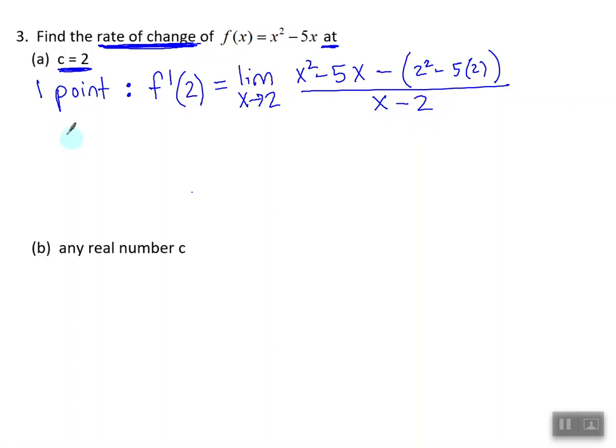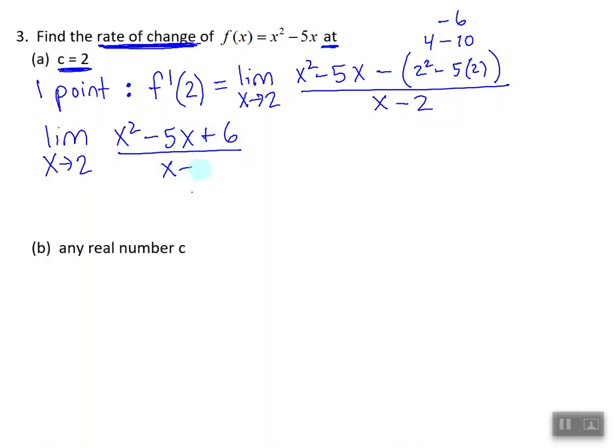Let's see how that looks simplified. The limit as x approaches 2 of x squared minus 5x. 2 squared is 4. 4 minus 10 makes negative 6. And I'm subtracting negative 6, so that would be plus 6 over x minus 2.